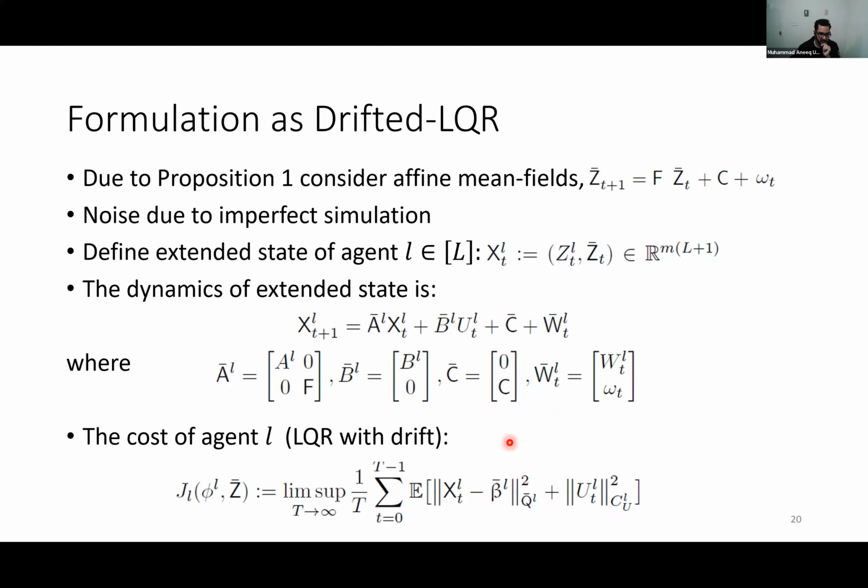Then the cost of each agent L becomes a tracking cost with a constant tracking signal. So this problem becomes an LQR with drift and a constant tracking signal. That can give you an intuition of how we can solve the problem in the RL setting.